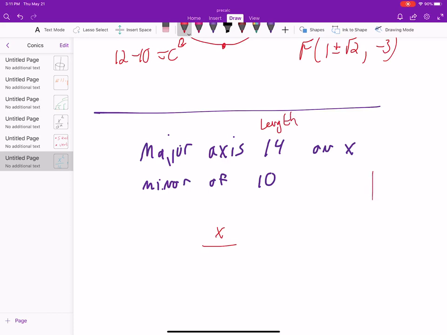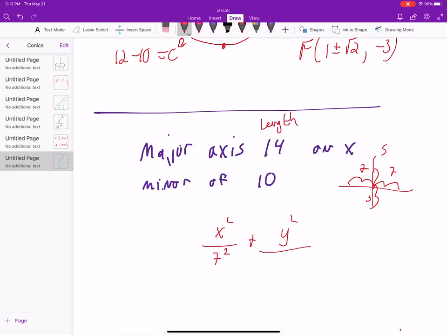If we visually draw this out, here's the center point. In order for it to be 14, we have to go 7 in each direction. So that's going to be 7 squared plus y squared over... if we have a minor of 10, that means this has to be 5 and that has to be 5.